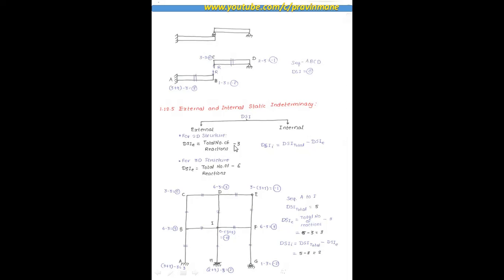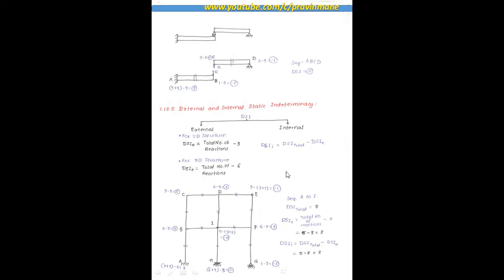For a 3D structure, total number of reactions minus 6. Internal degree of static indeterminacy is total static indeterminacy minus external static indeterminacy. So here is the example.